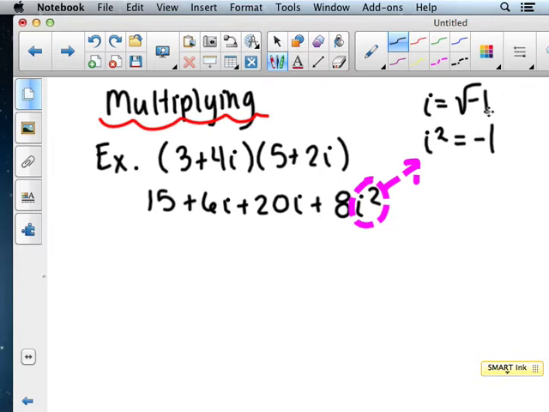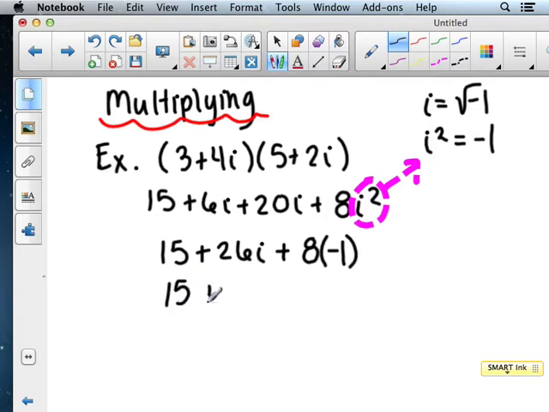So I'm going to rewrite this as 15 plus 26i, because 6i plus 20i are like terms, plus, instead of 8 times i squared, now I have 8 times what? Well, 8 times -1. So that gives me 15 plus 26i minus 8, and then 15 minus 8 is 7.